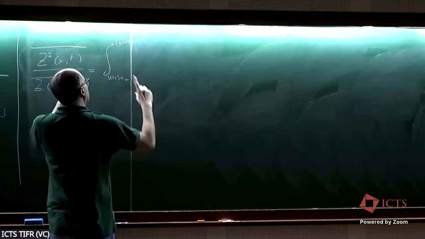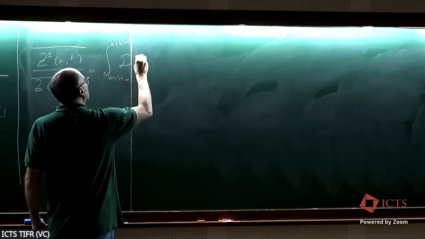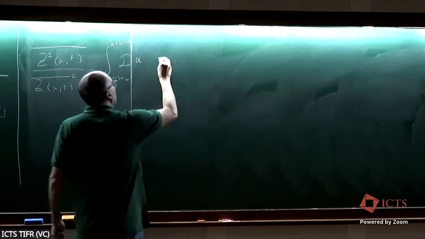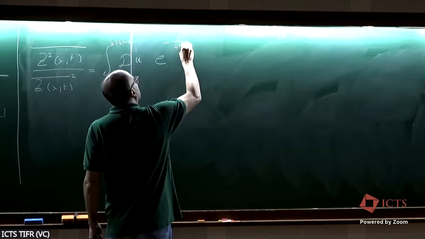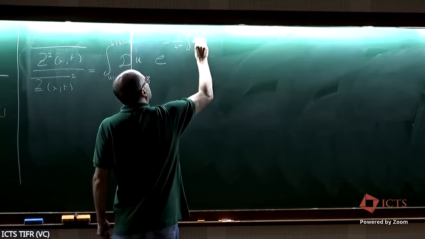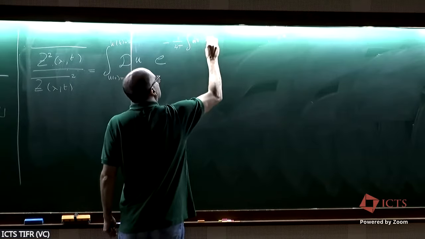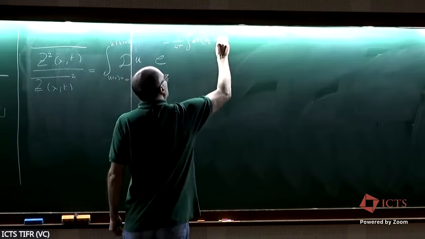So the part that goes from 0 to 0, okay, du, and then we have the exponential of minus 1 over 4t integral dt d tau u square.